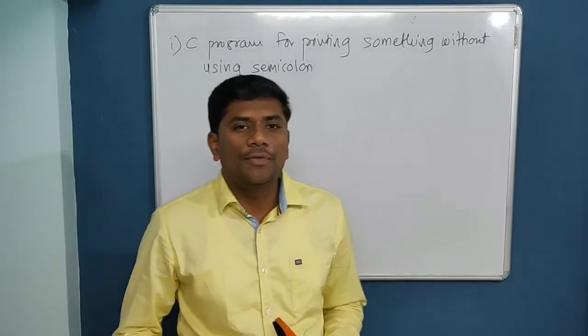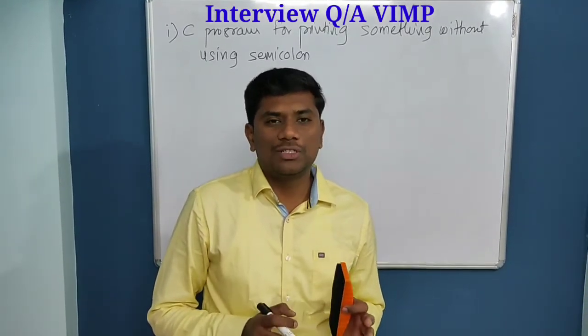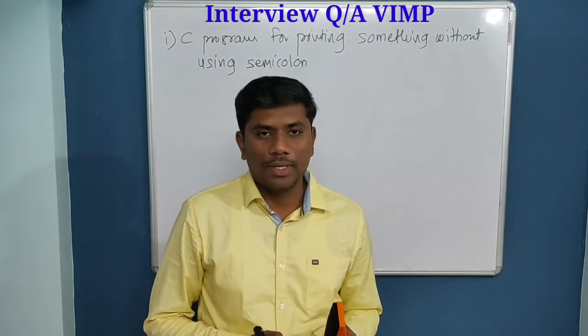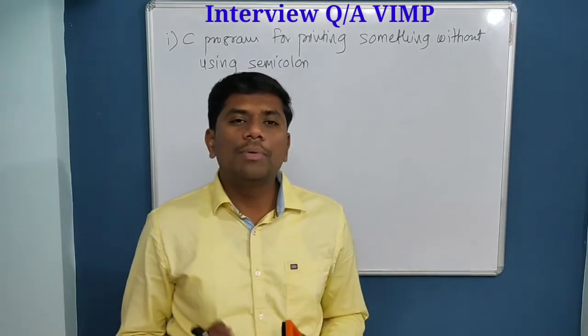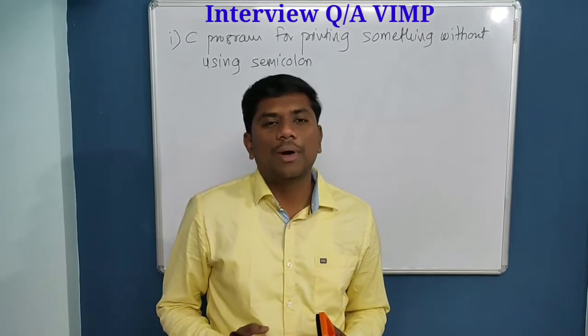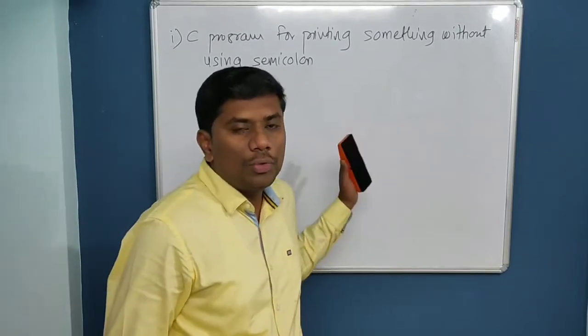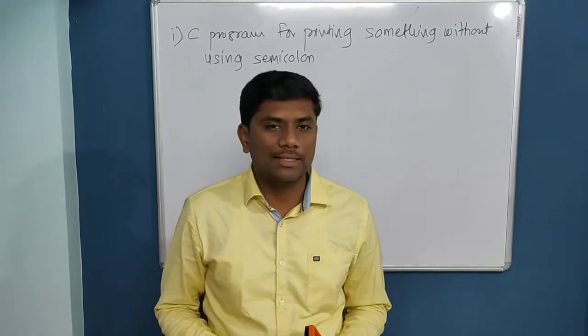In this session, we are going to cover some important interview questions with their answers. Most of the time, during campus interviews, these questions are asked by interviewers to interviewees. So we are going to cover these questions with their answers.